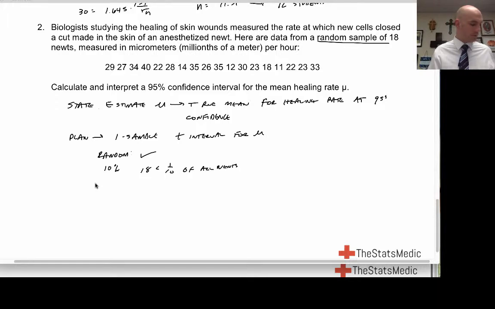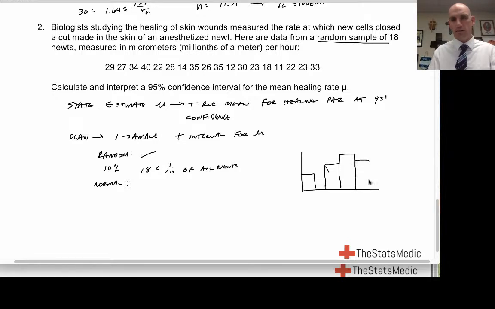Is it normal? Let's see. We're less than 30, and it doesn't say normal, but if we observe here, and this is just a general rule, you draw out a bar graph.